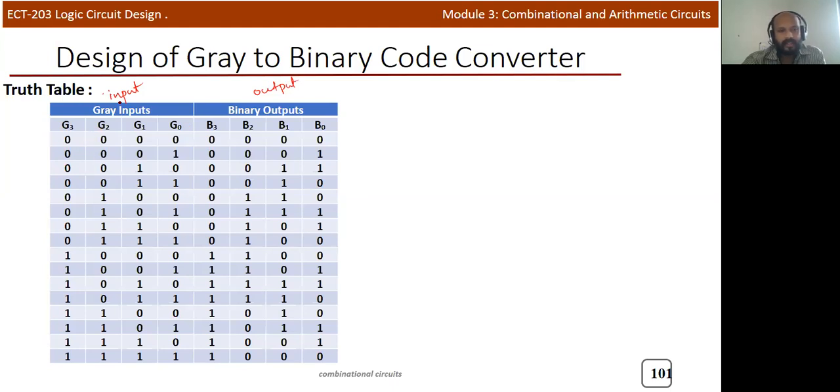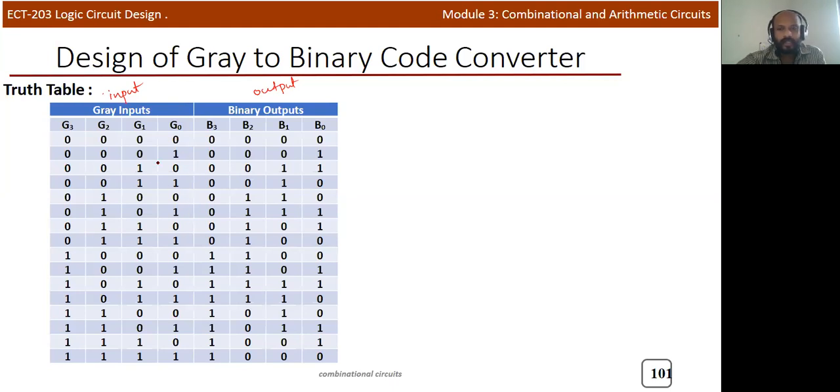But when you write the input sequence, make sure you write it in sequential binary order, because it will be easy when you implement the K-map. Actually, the gray code sequence is different, but you need to write the input lines in binary order itself.